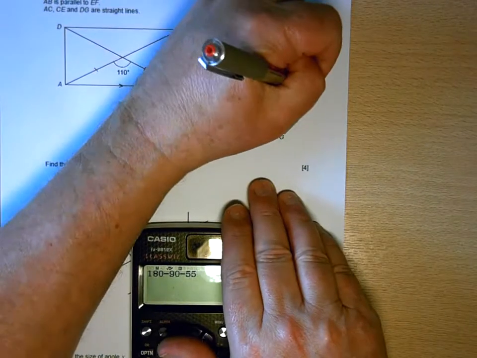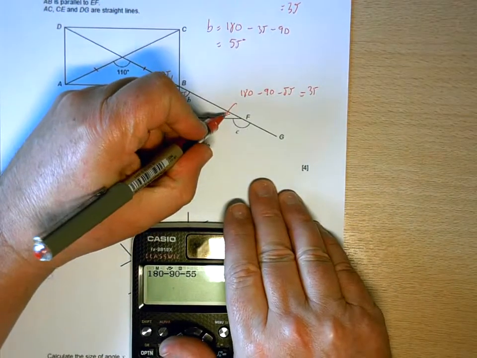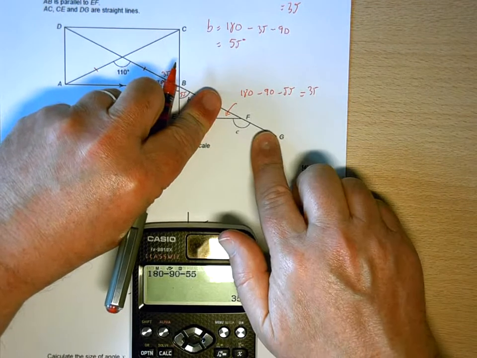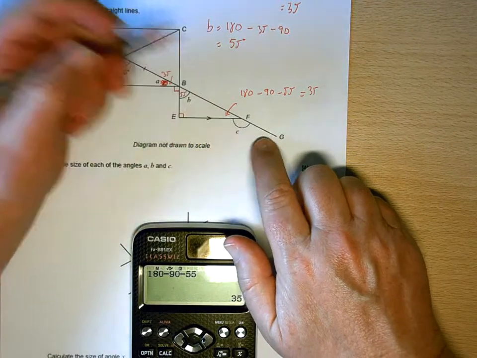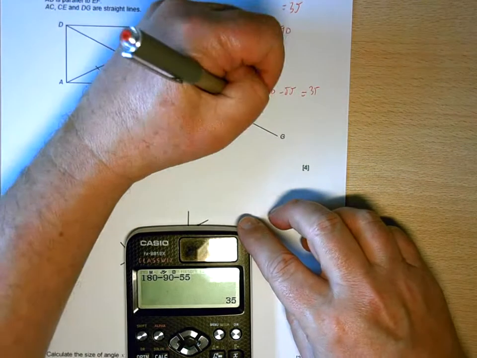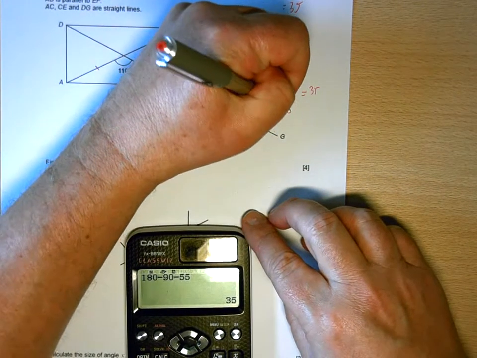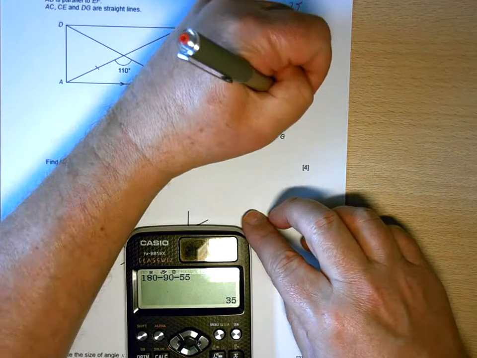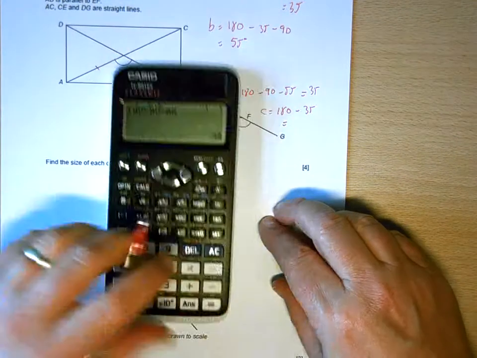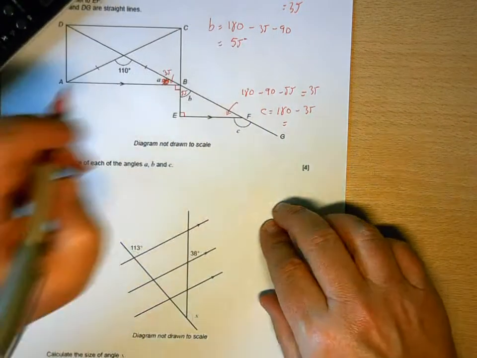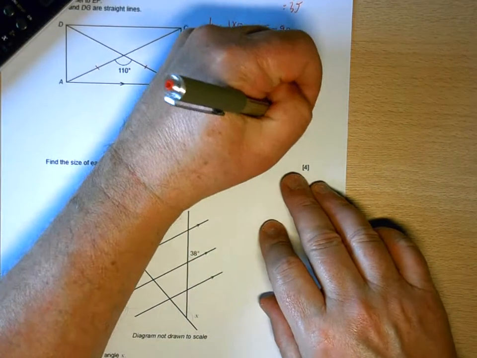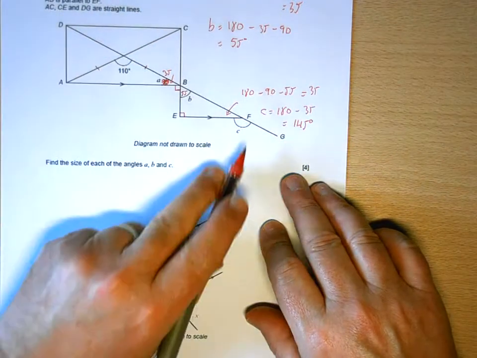So I know that that angle there is 35, and then I'm on another straight line, so the 35 plus C must add up to 180. So C will be 180, take away 35, which is 145 degrees. So C is 145.